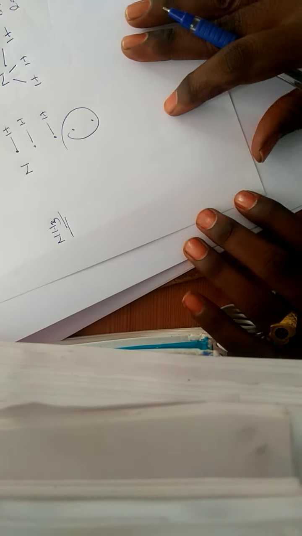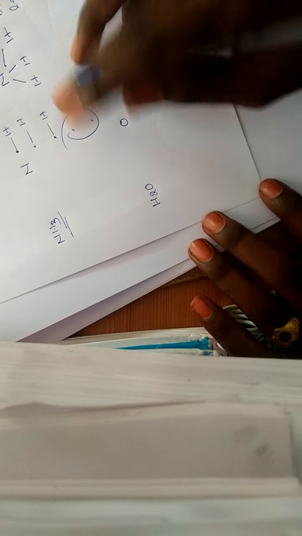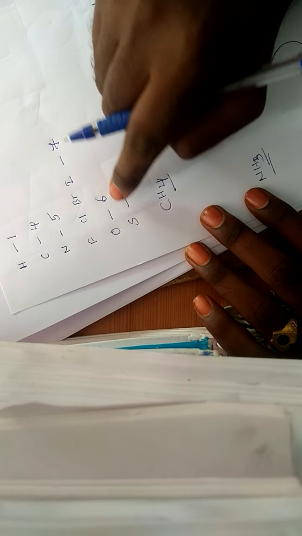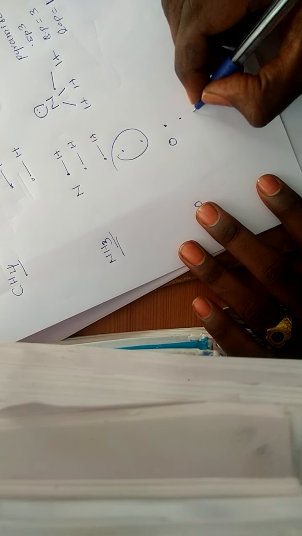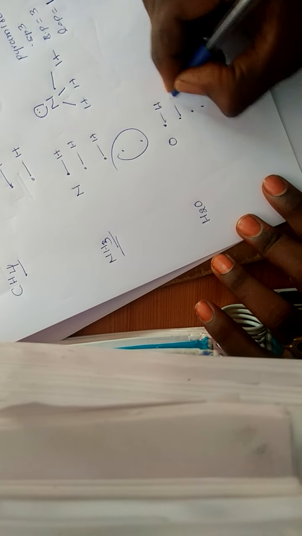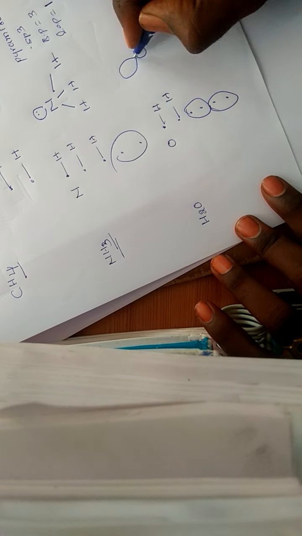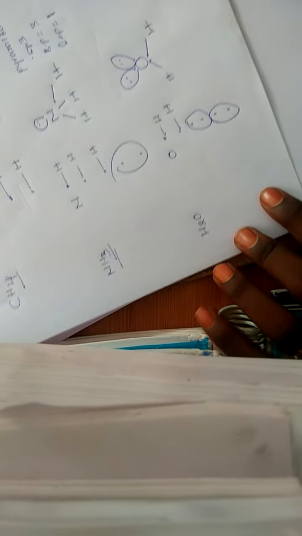One more molecule I can take is water. Here the oxygen valency is 6, so I take 6 electrons, 1, 2, 3, 4, 5, 6. There are 2 hydrogens, and the remaining are 2 lone pairs. So oxygen has 2 lone pairs and 2 bond pairs.